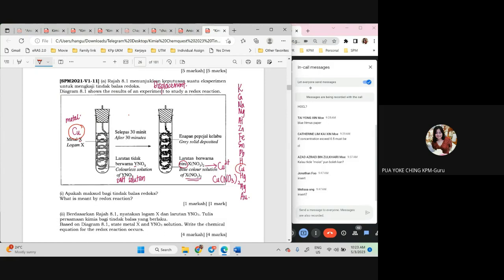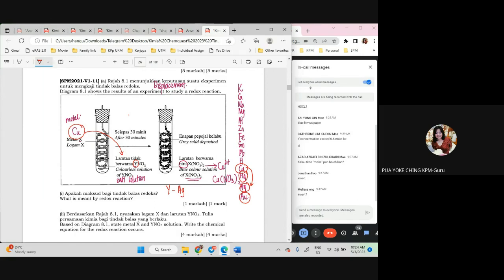Cu, ada satu Y. Cu nak ganti Y. Yang nak ganti tu mesti di bawah. So, bawah hanya ada Hg, Ag, Au. You got no choice. Your Y mesti Ag.